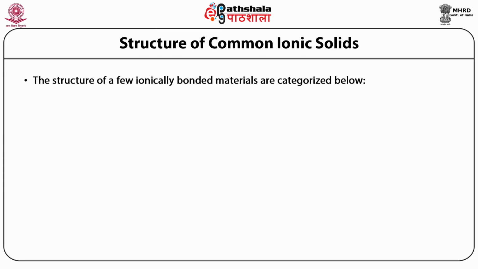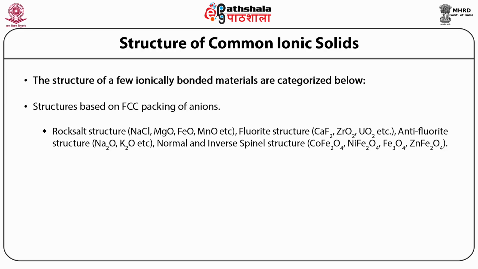The structures of a few ionically bonded materials are categorized below. Structures based on FCC packing of anions: rock salt structure, NaCl, MgO, FeO, MnO, etc. Fluorite structure, antifluorite structures, normal and inverse spinel structure.